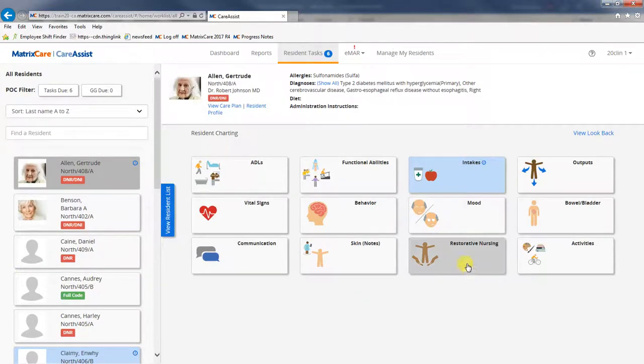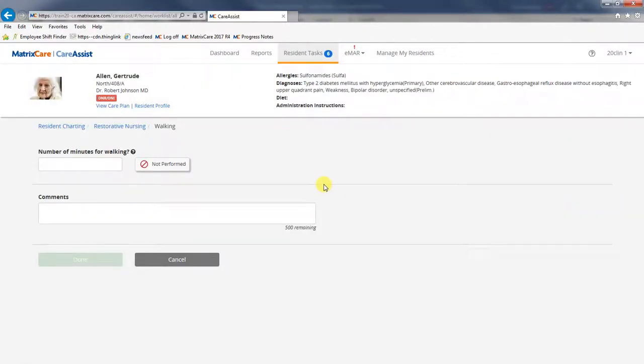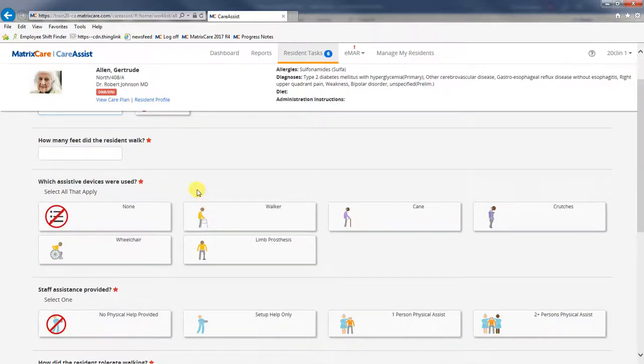Your Restorative Nursing tab would look like this. This is a fictitious learning environment. The Restorative Nursing tab would allow you to click on walking and would allow you to put in how many minutes of walking did you do that day. Maybe it was only 7. And how did they do? Did they use a walker?